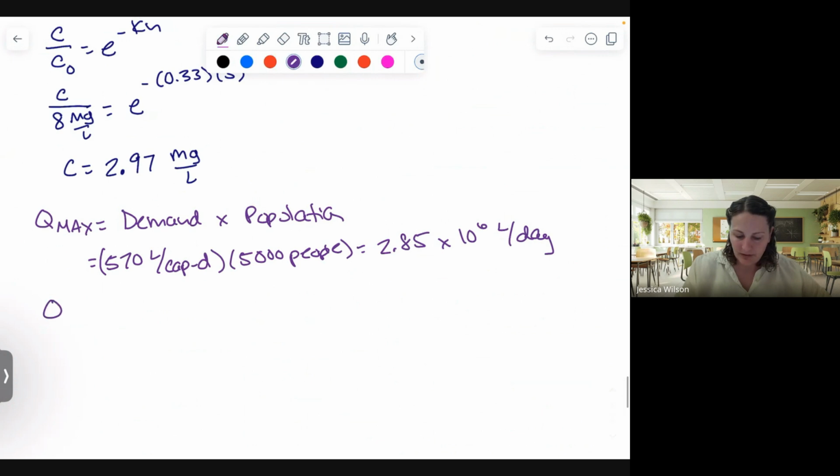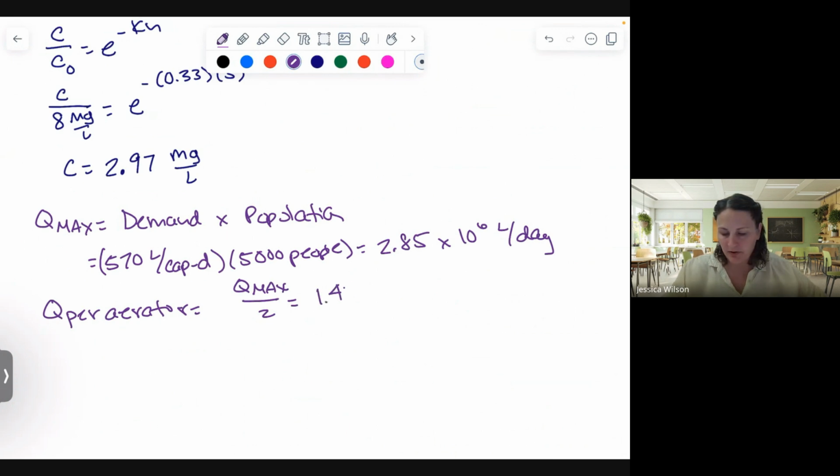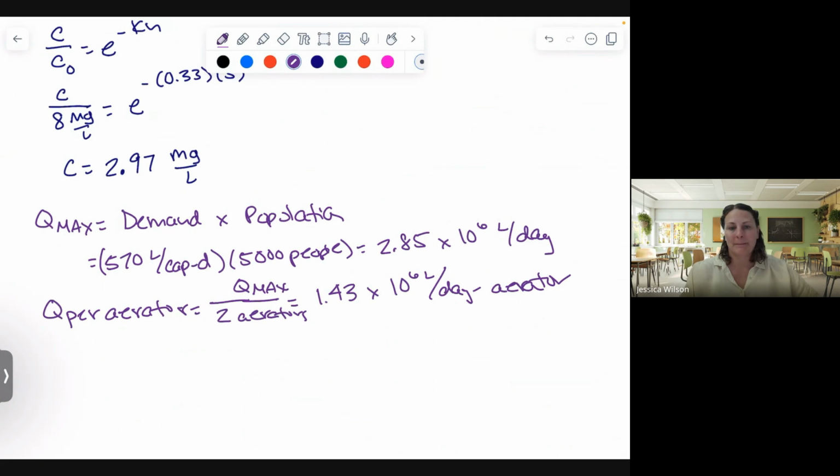We can define our Q per aerator as just equal to the Q max divided by 2 aerators. So it's just half of this, which is 1.43 times 10 to the 6 liters per day per aerator. I'll just make a note here: this is 2 aerators.